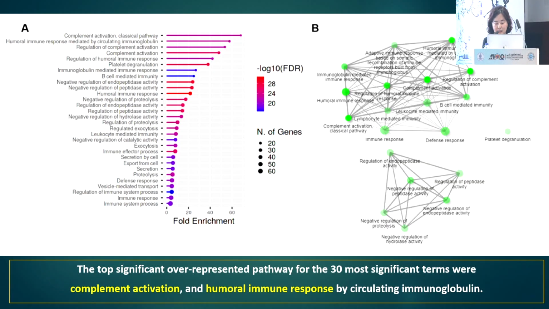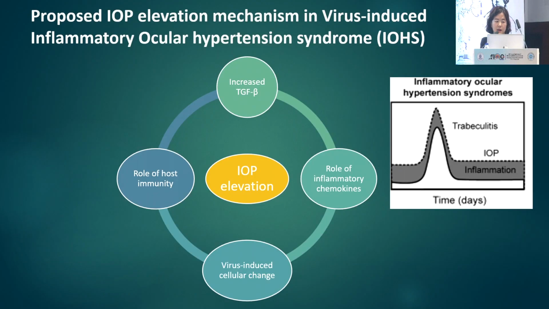The top significant overrepresented pathways include complement activation and humoral immune response. We could summarize the proposed IOP elevation mechanism in virus-induced hypertensive anterior uveitis. First is the host immunity, and the second is virus-induced direct changes.